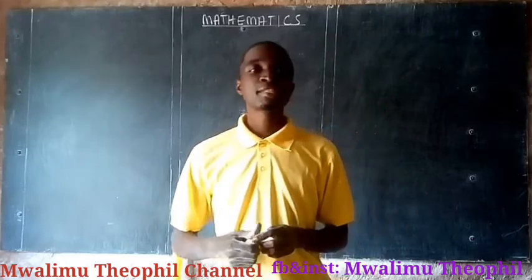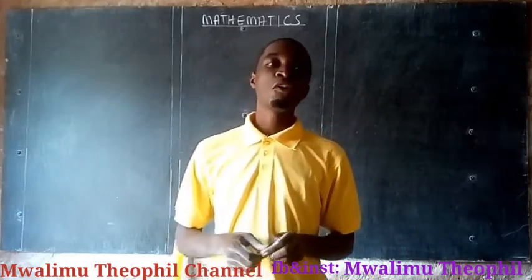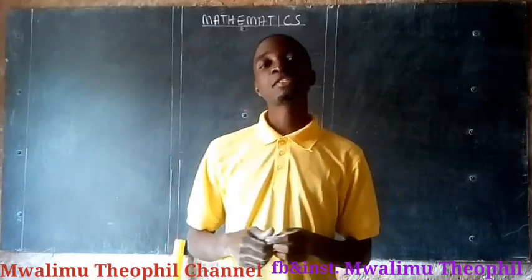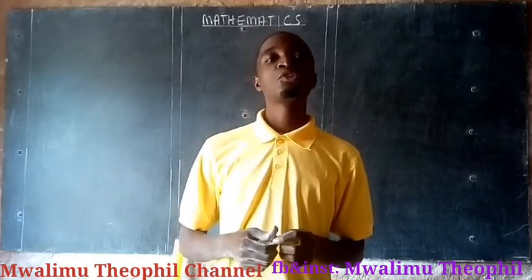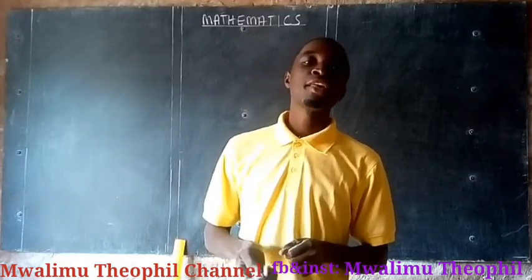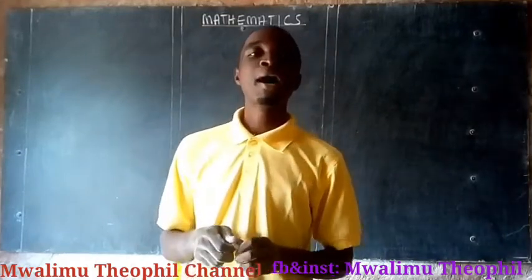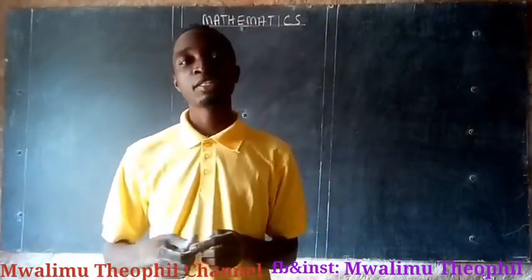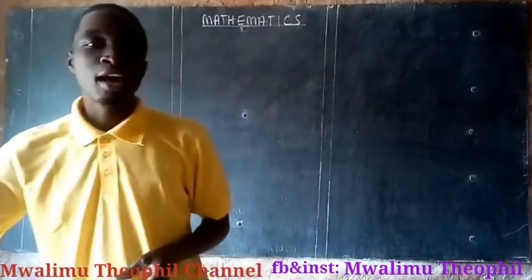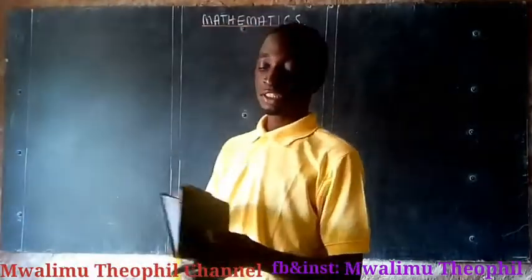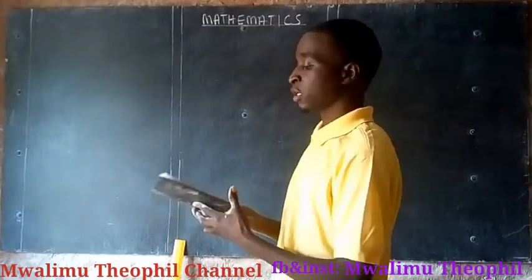According to Tanzania's syllabus of O-level basic mathematics of year 2005, there are 11 chapters which should be covered by a Form 1 student. And these chapters are mentioned as follows.